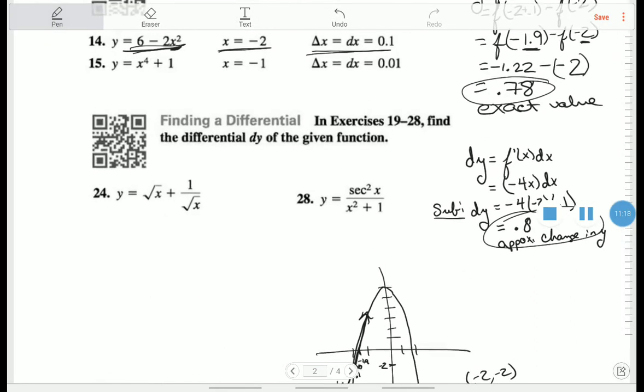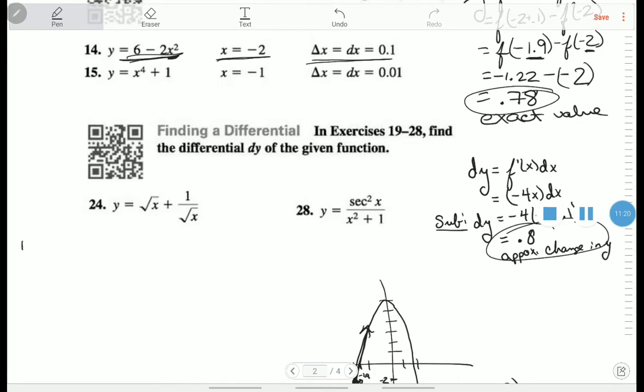Let's look at another example. Let's look at 15. So we're going to do the same kind of thing there on 15. We want to first figure out the exact change in y. Remember, delta y is the exact. The definition is f of x plus delta x minus f of x.